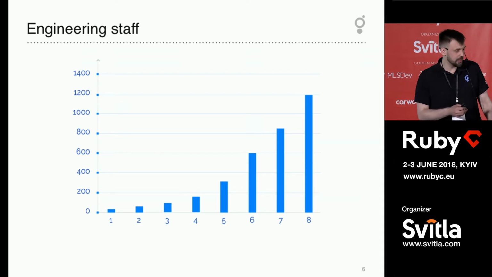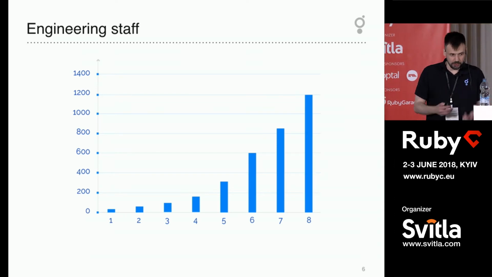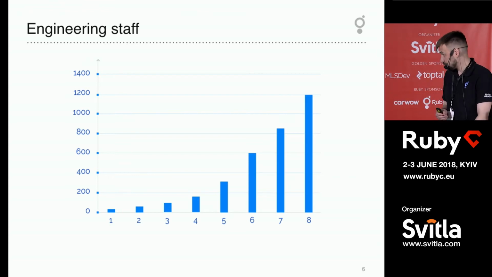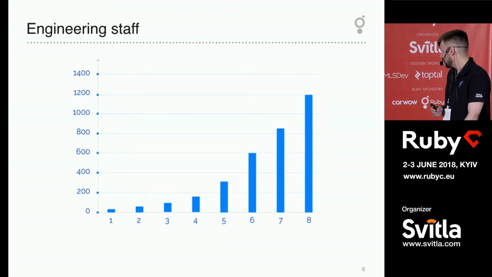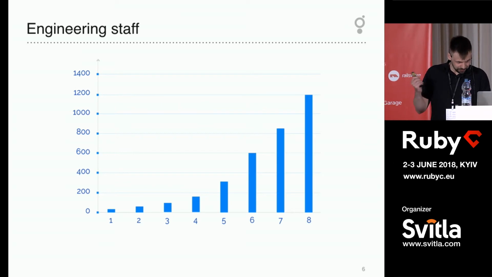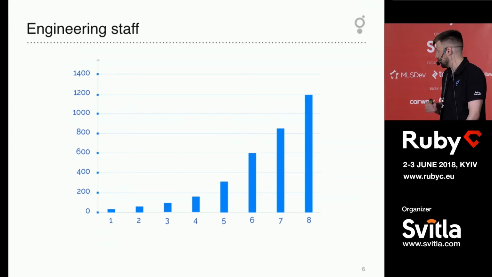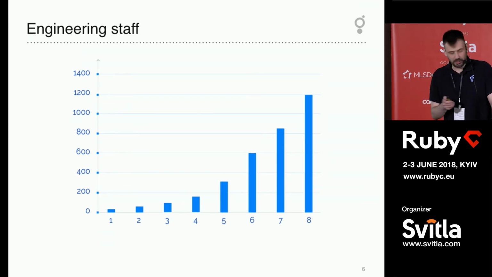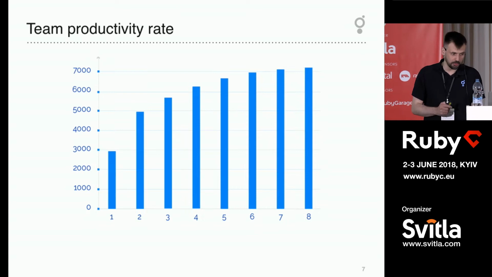And very often we have a question: if we just put in more developers, can we move faster? Here is a chart. We have 8 iterations, and step by step we increase the number of developers on our project.